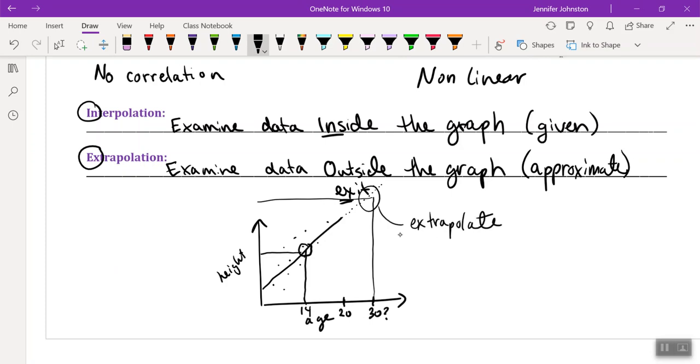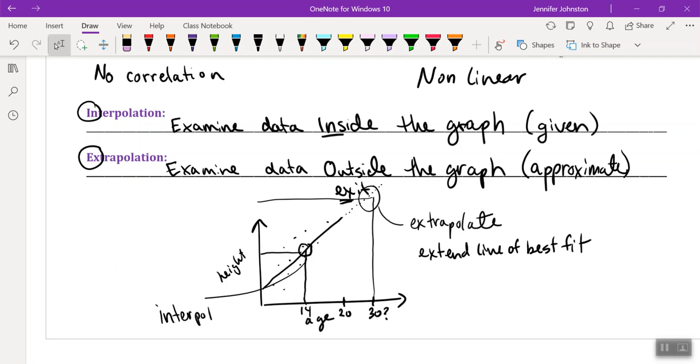That's how you guess how tall you are at 30 when you extend the line of best fit. But here at 14, we know how tall we are at 14. This is called interpolate. There was no guessing, right? We had those data points, we plotted them, we see what our height is. But at 30, we're definitely going to have to extend the line of best fit and guess.